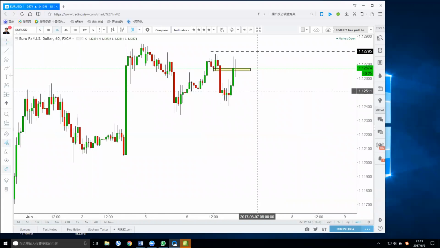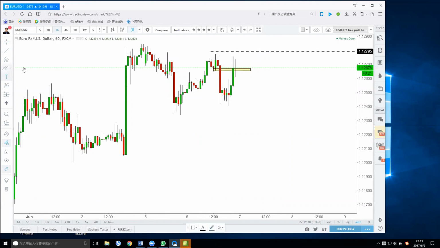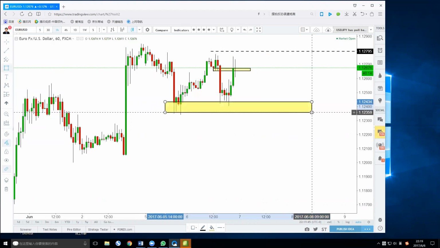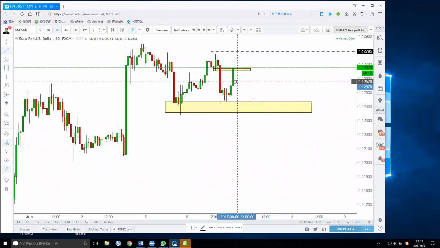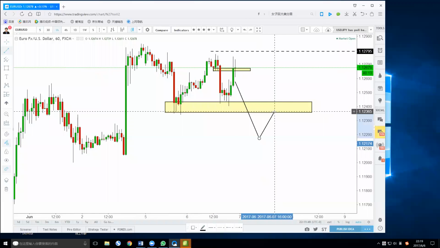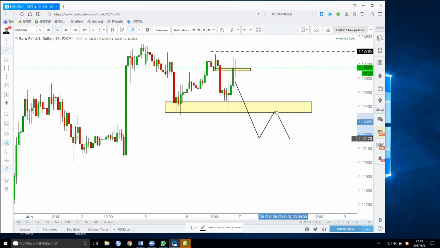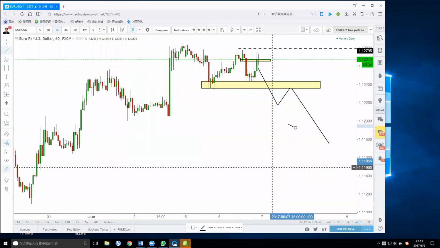If the euro can break down the lower low, it will confirm the bearish trend. So you can also choose to wait for the euro to break down this level, pull back, and not go higher, and then you short from this pullback, all right? That will be a better, more confirmed idea, right?